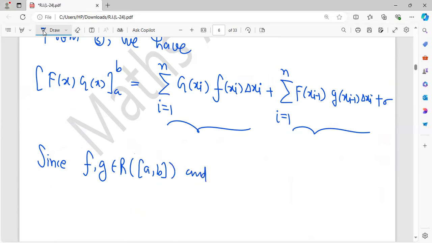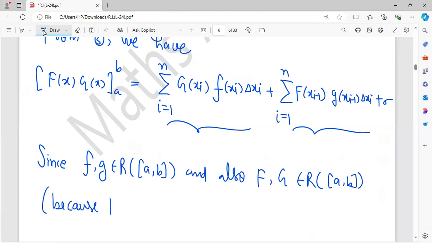and also capital F and capital G are Riemann integrable because capital F and G are continuous on [a, b], and continuous functions are Riemann integrable.